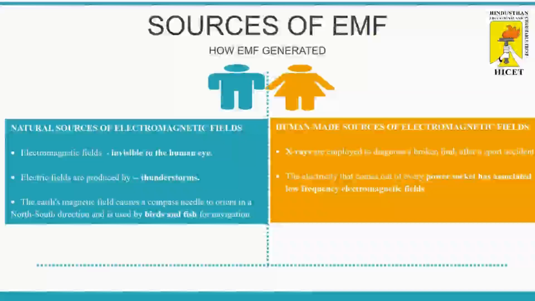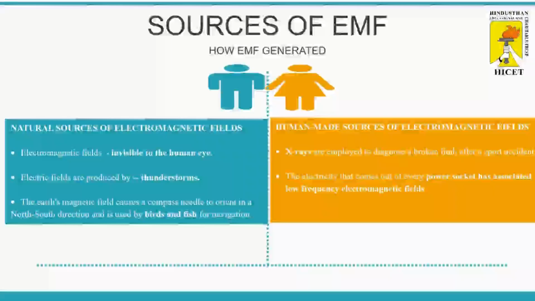Natural sources include thunderstorms and lightning, which are invisible to human eyes. The Earth's magnetic field causes a compass needle to orient in a north-south direction and is used by birds and fish for navigation. So natural sources of electromagnetic fields are also available.